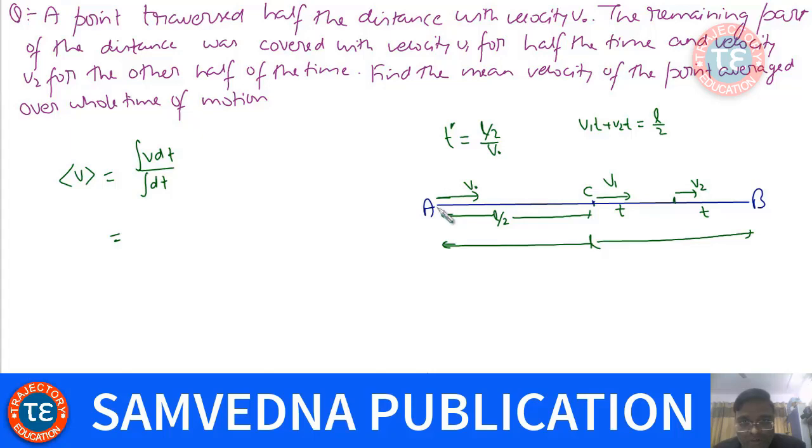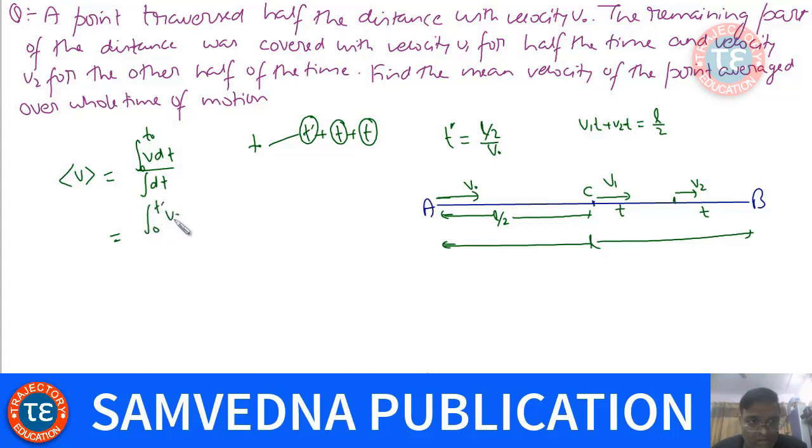But this V is going to be different for different time intervals. From 0 to t dash, the journey from A to B, suppose total time is 0 to t naught, but this t naught consists of t dash plus t, and velocity during t dash is v naught, velocity during next t is v1, and velocity during next t is v2.